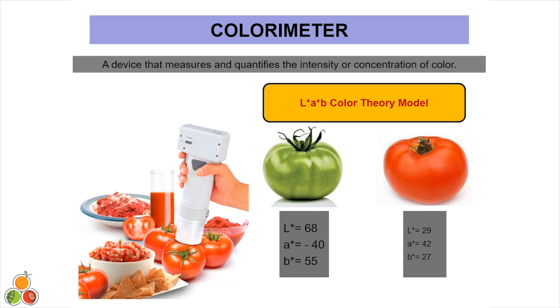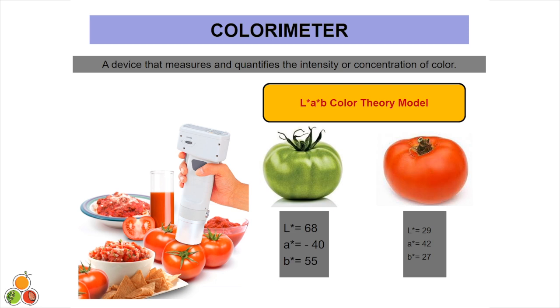So to do that, we have a colorimeter. And this is a device that quantifies the intensity and concentration of color using this color theory model, LAB, where we could see that the lightness, the A and the B values are significantly different between a green and a red tomato.